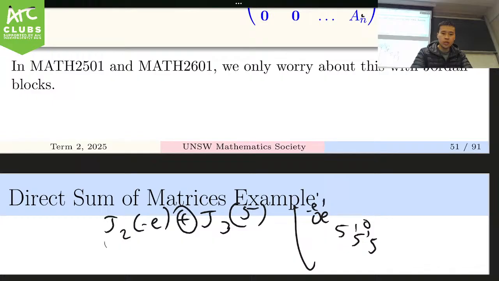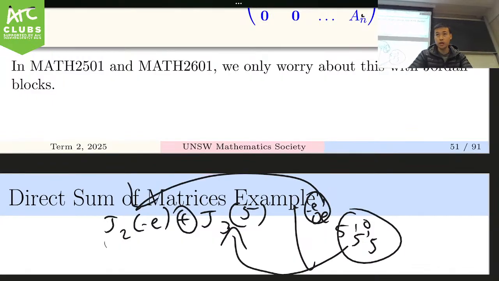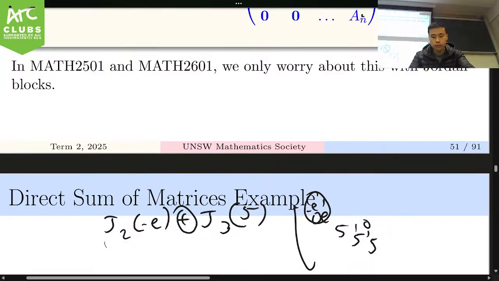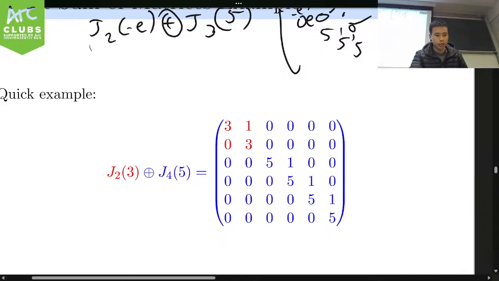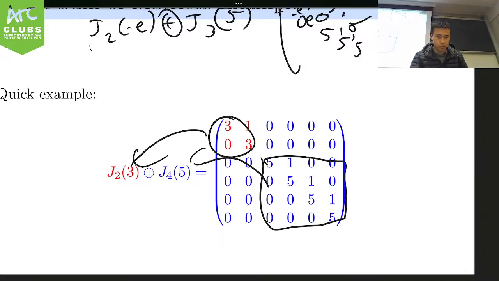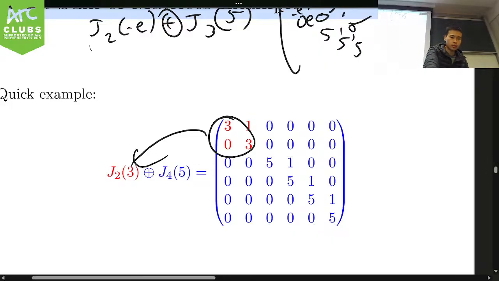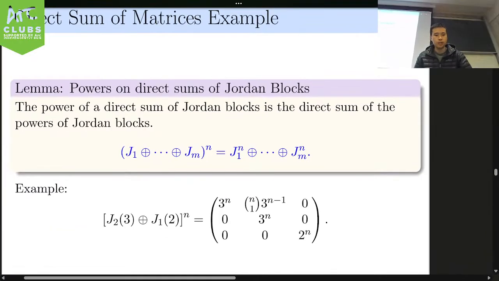Notice how this block corresponds to this block, and this block corresponds to this block, and then every other entry is zeros. That's the whole purpose of Jordan form for now. You can also compute the powers of these direct sums, the Jordan blocks.